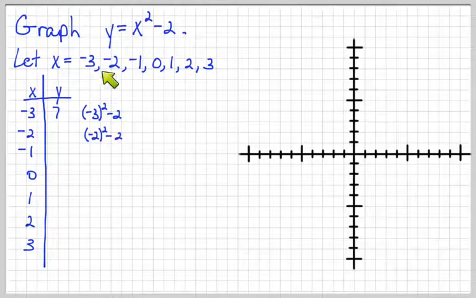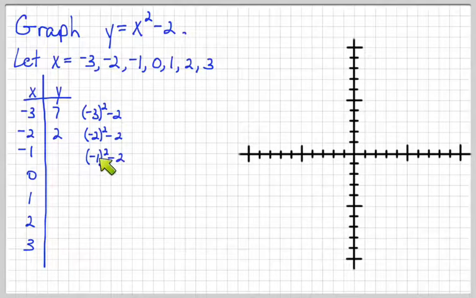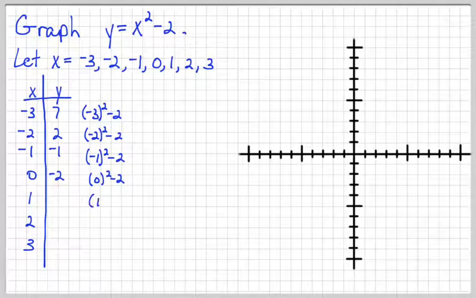For the next one, x squared minus 2 becomes -2 squared minus 2. So -2 squared is 4, and 4 minus 2 is +2. For the next one, -1 squared minus 2 becomes 1 minus 2, which is -1. Now let's plug in 0. 0 squared minus 2 makes -2.